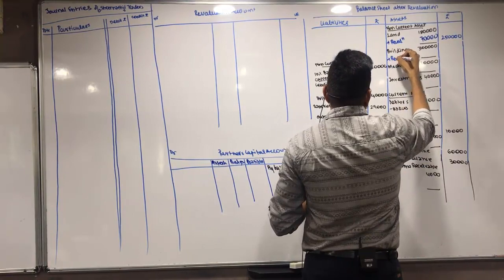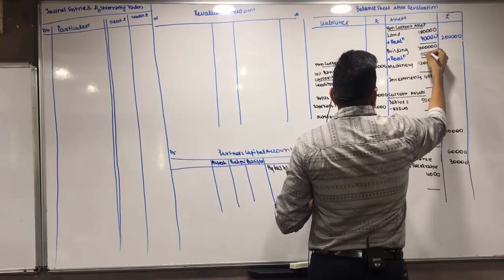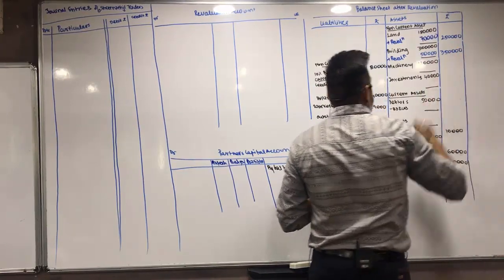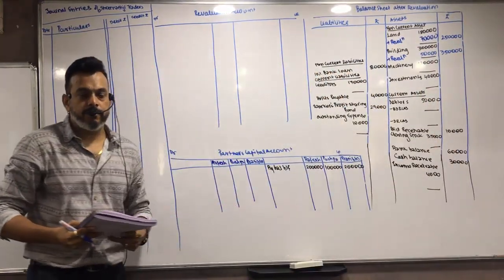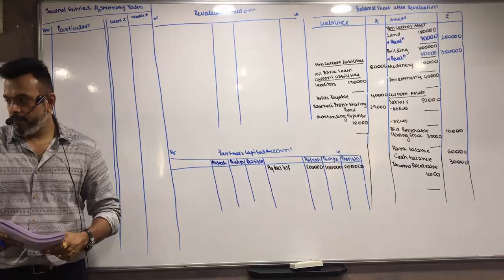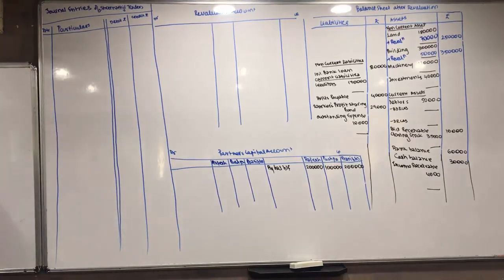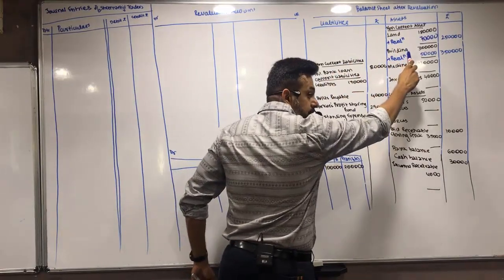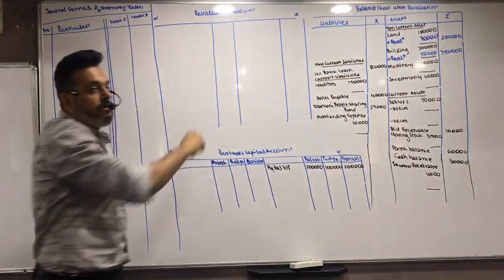So plus revaluation 50,000. 3,50,000. Now, is this our profit or loss? Was there a gain or a loss? There is an increase, so it's a gain. Where will the gain go? We are revaluing it, so it will go to revaluation account.